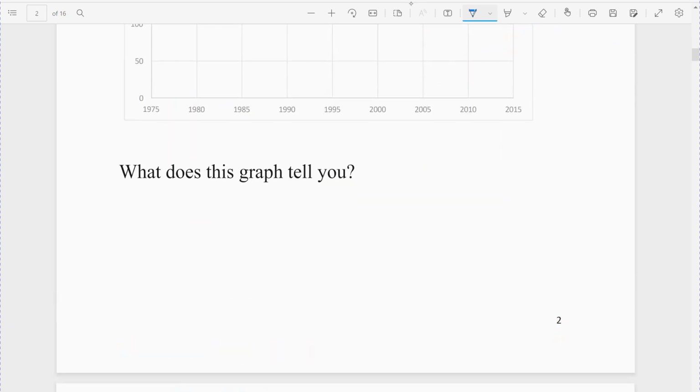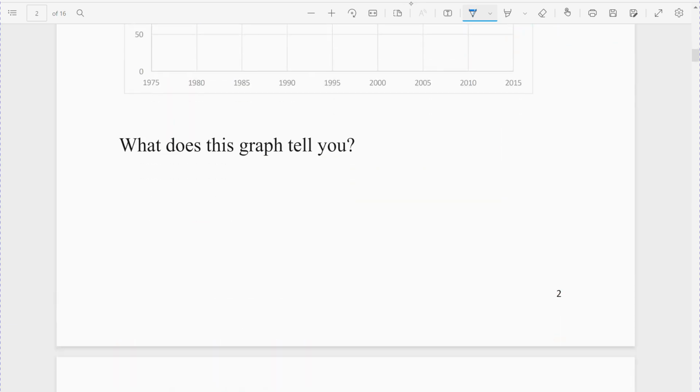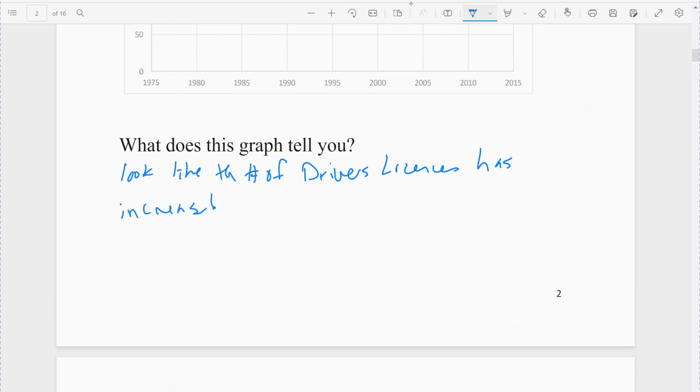All right, so the graph tells you, and again, you can put this in your own words, it looks like the number of driver's licenses has steadily increased over the years 1980 to 2012.